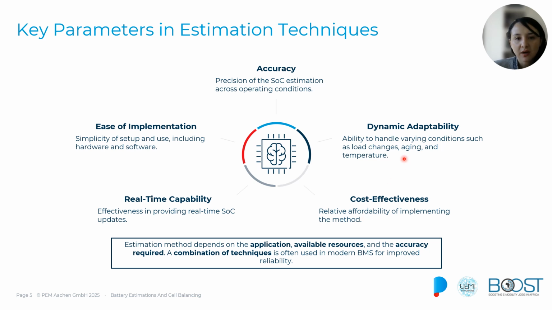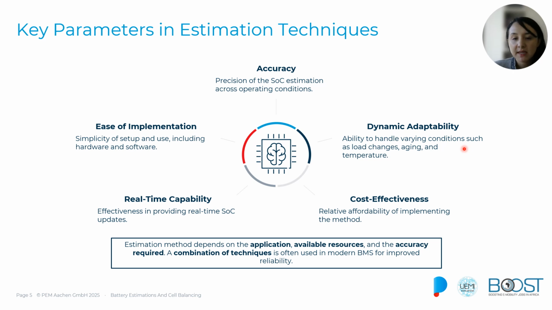And then we also have the dynamic adaptability of the different techniques. This is going to measure basically the effectiveness of the estimation methods in handling different conditions. For instance, how dynamically it adapts to different loads that are going to be changing over time, even very quickly, how it's going to react to different temperature fluctuations in our battery, and how it adapts to the battery aging of our system.